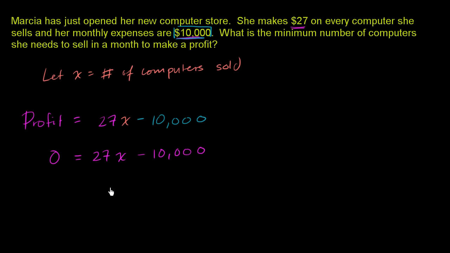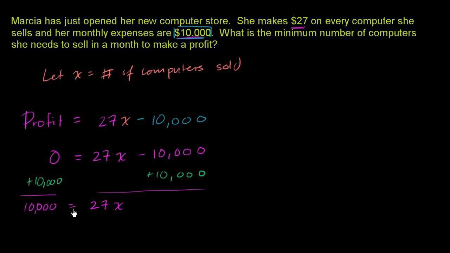Well, we've seen equations like this before. We can add 10,000 to both sides so that it's no longer on the right-hand side. And we are left with 10,000 is equal to 27x.